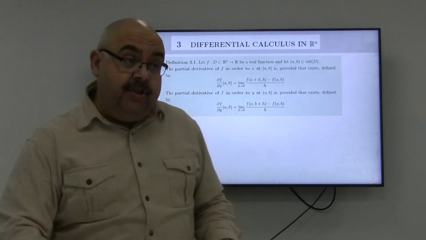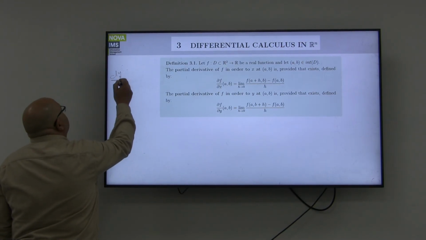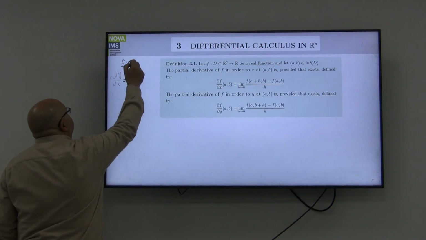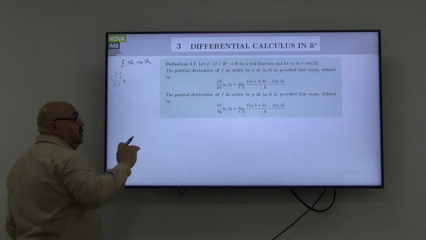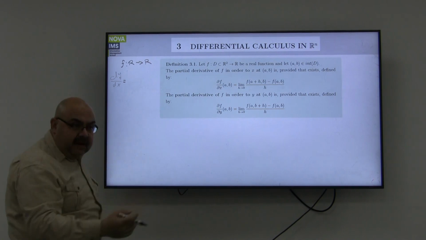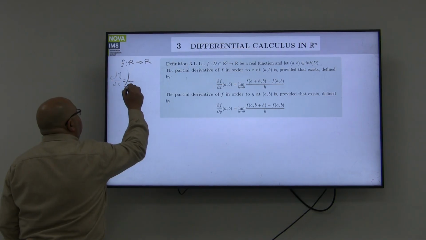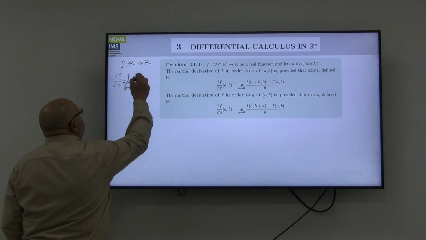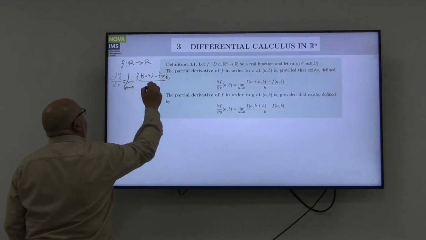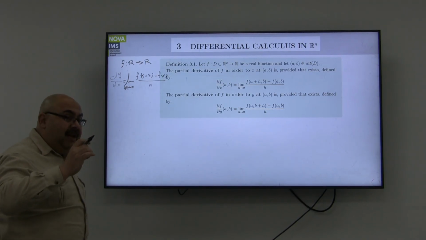In the previous law, you were using dy by dx, and your function is running from R to R, so it is linking just one variable as an input with one variable as an output. And the limit is really very simple. It's the limit as h tends to 0 of f of x plus h minus f of x over h. That's the main law.